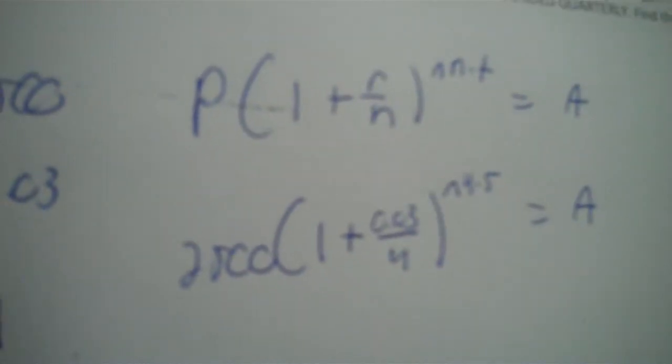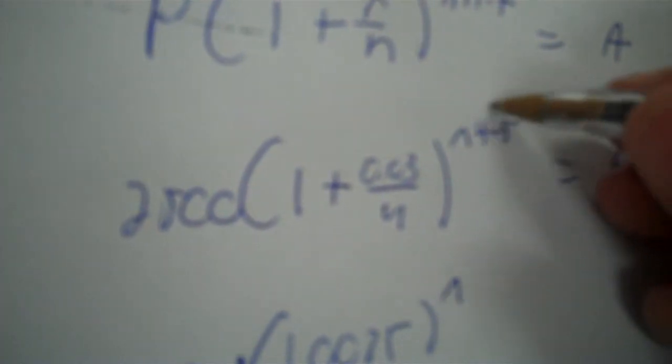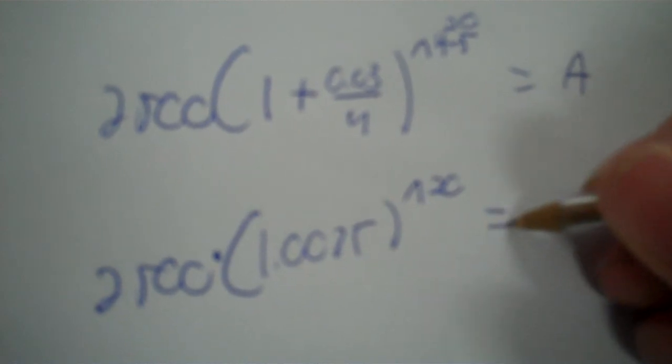So first I simplify the parentheses, 1 plus 0.03 divided by 4. 1.0075. And the exponent's 20. A is simple and easy to solve for, okay? It's all one line, so you just plug it into your calculator.